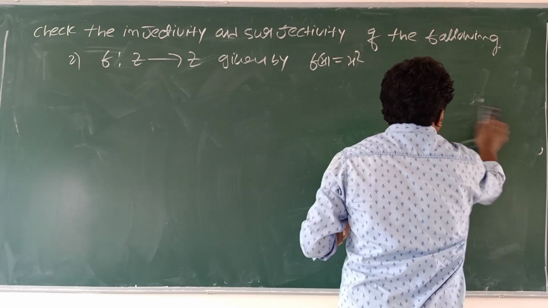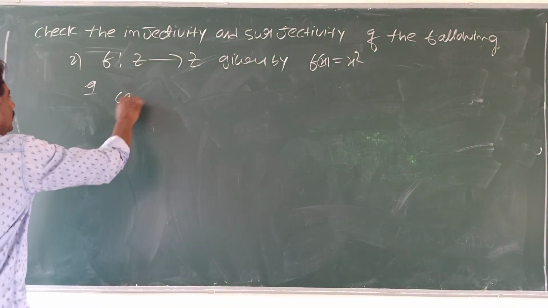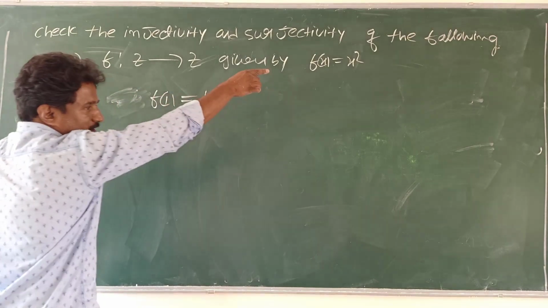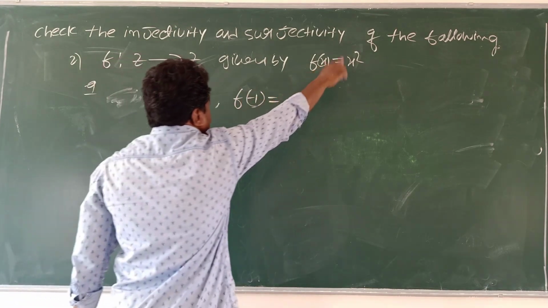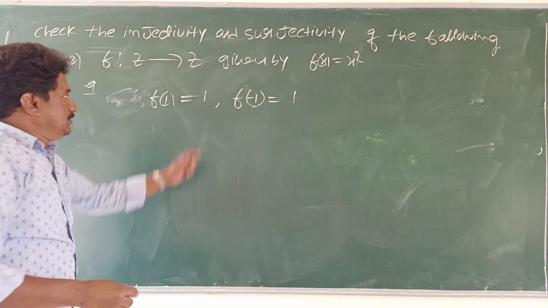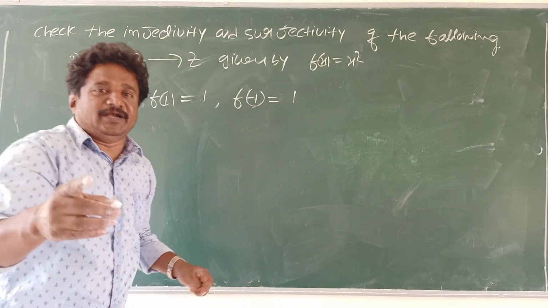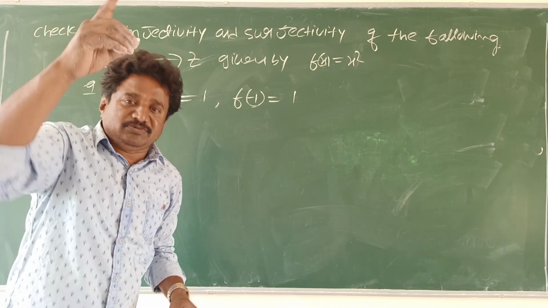Solution. Let f(1) equals 1 square, which is 1. Next, f of minus 1 whole square is 1. Images are same. If images are different, then it is 1-1.